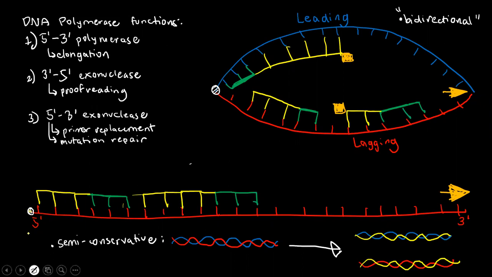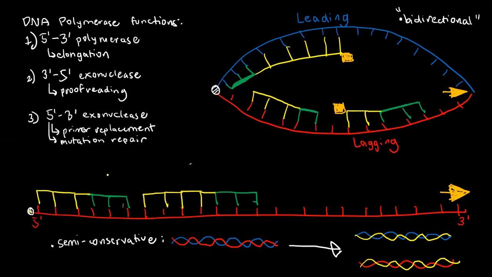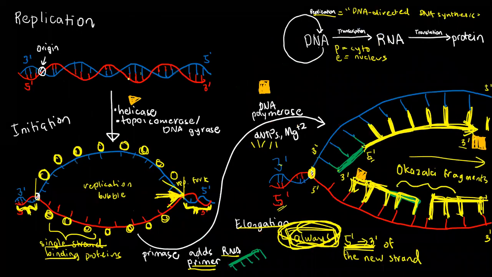So how does that happen? First, what actually happens is that number one, we have an enzyme that removes this primer and replaces this primer with a DNA component. Now, remember this: replication means the synthesis of DNA.